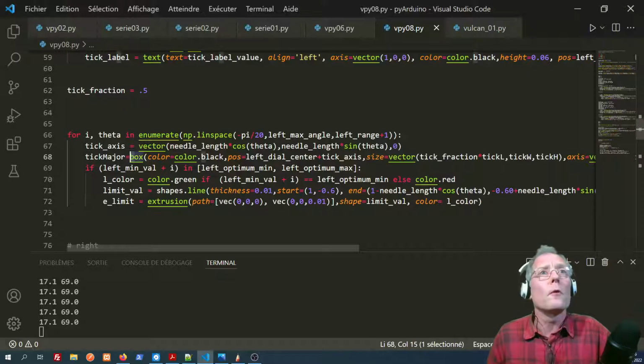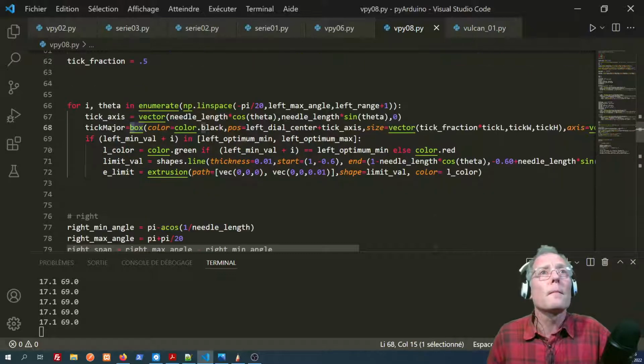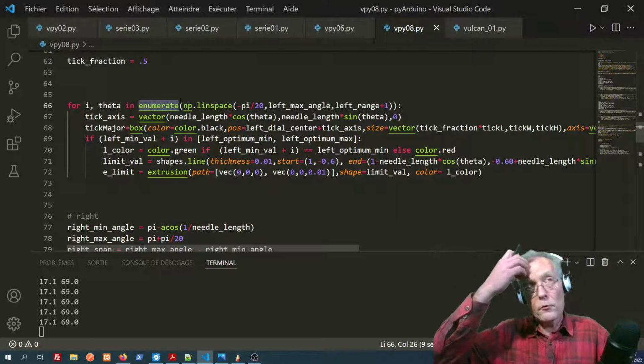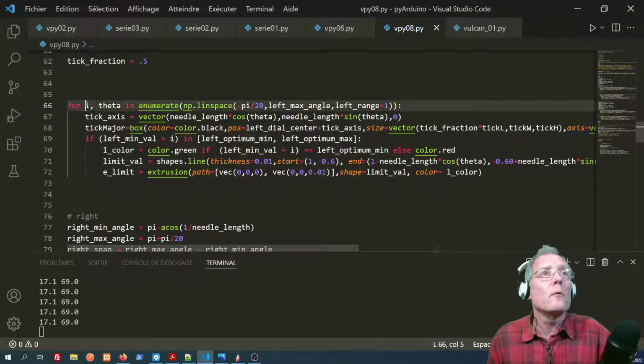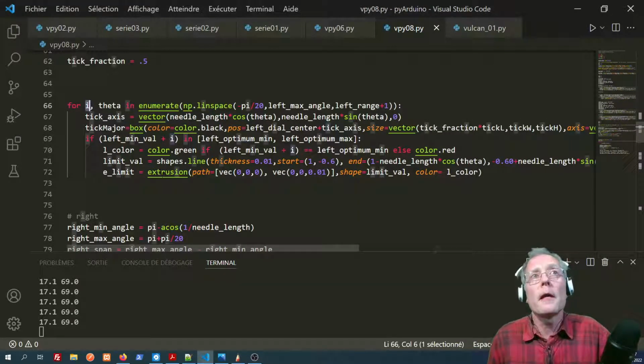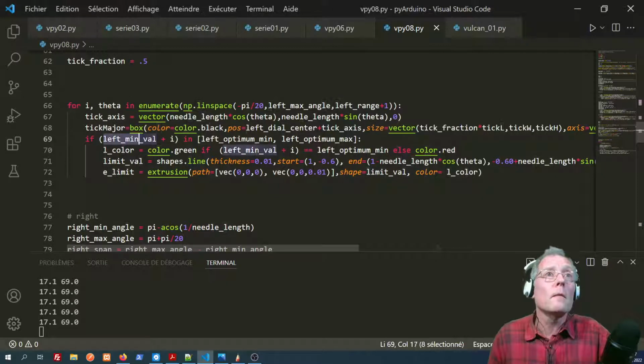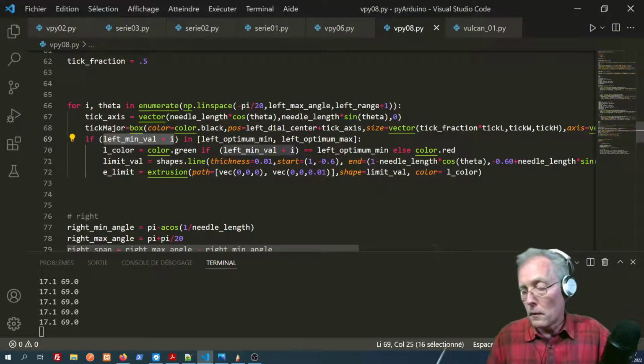Okay. Yes, then about the same here, it was for all the little ticks. Little difference here is for the sub-ticks. I use an enumerate like for the previous loop, just because I want to know what tick I am. Why do I want to know that? It's just because I want at a certain tick to draw the line for the minimal optimal value and the maximal optimal value.